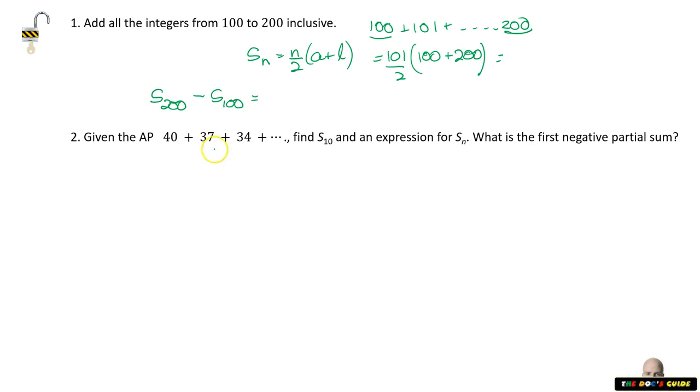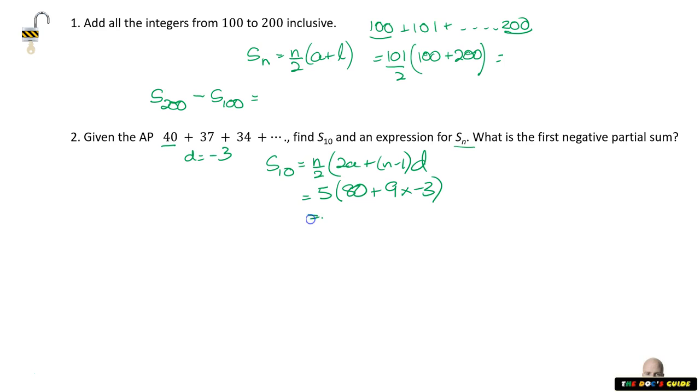In the second example, given this AP, which clearly has a equal to 40 and d equal to minus 3, find S10 and an expression for Sn. So S10, if we use the n on 2 outside of 2a plus n minus 1 d equation, will be 10 on 2, which is 5, outside of 2a, so that's 2 40s, plus n minus 1, which is 9, times the common difference, which is minus 3.